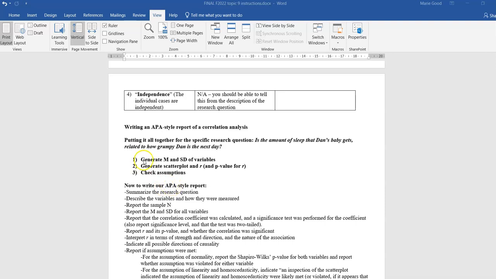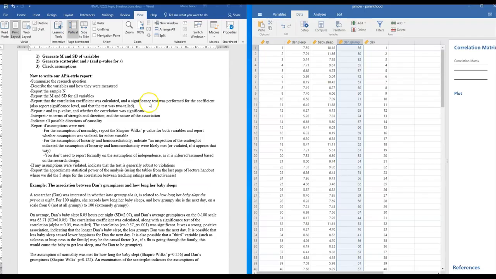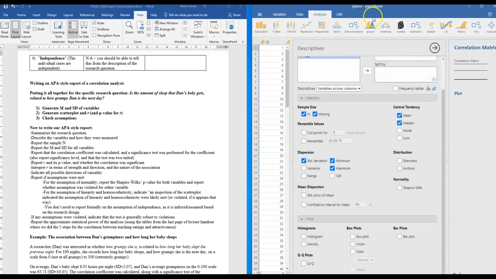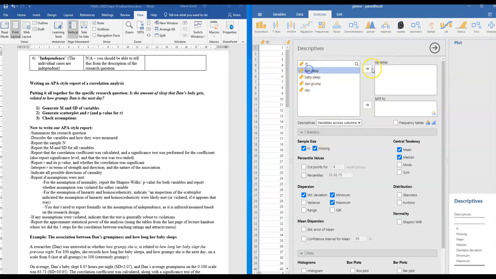The first is to generate the mean and standard deviation of the variables. So let's pull our data set back up here. We're going to get the mean and standard deviation of baby sleep and Dan grump. So we're going to go to analyses, exploration, descriptives, and select Dan's baby sleep and Dan grump.